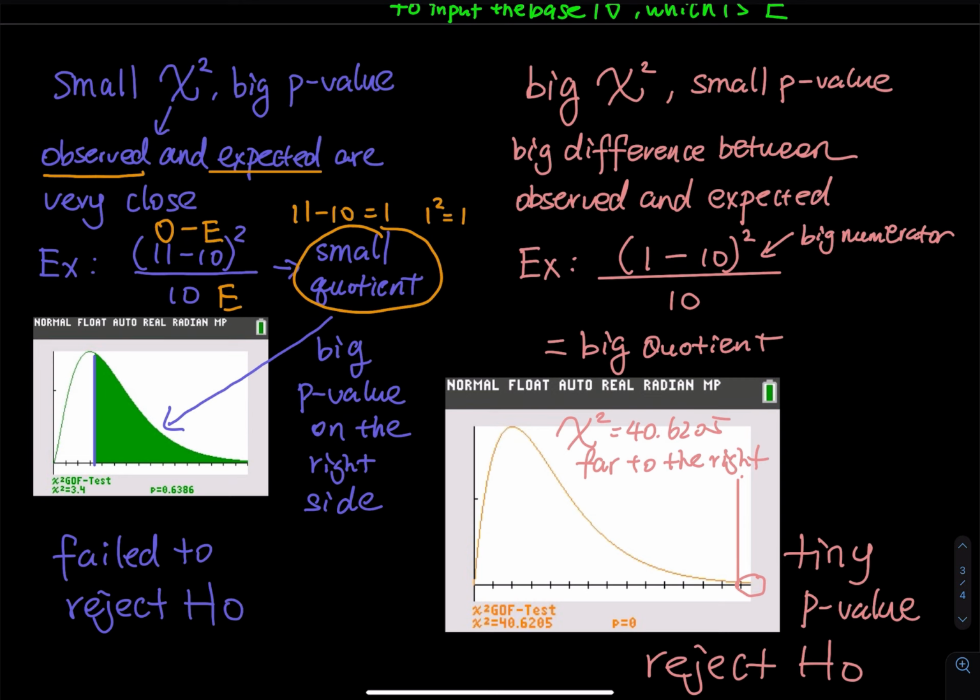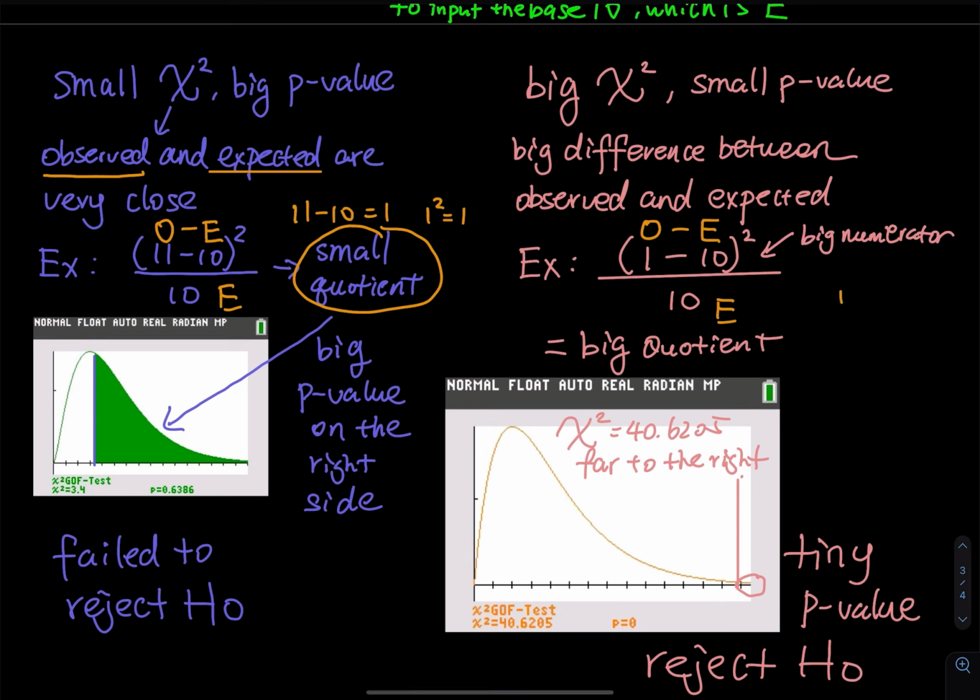What about a big chi-square? A big chi-square is the other way around. That means there is a big difference between observed and expected. Take a look at this. You have observed minus expected, squared, divided by expected. Observed is 1, just for example, and expected is 10. There is a huge gap between 1 and 10, right?